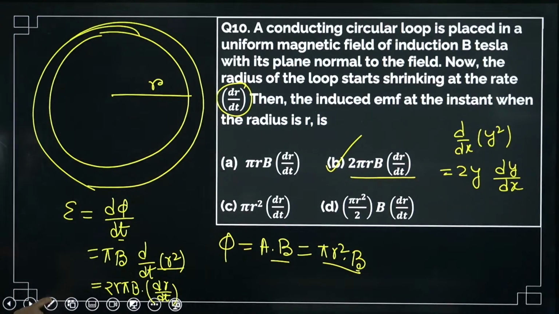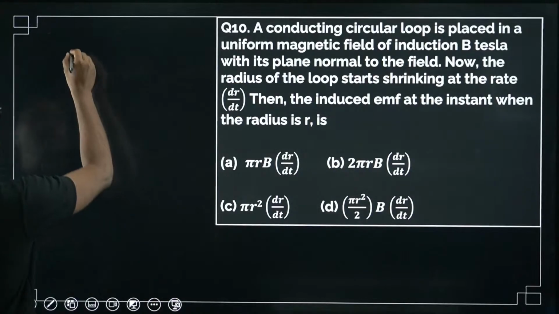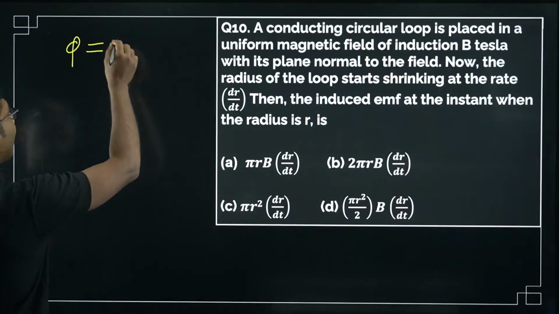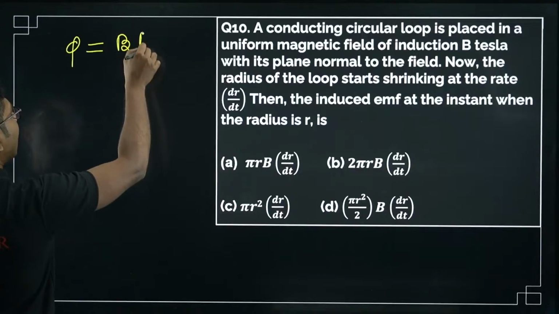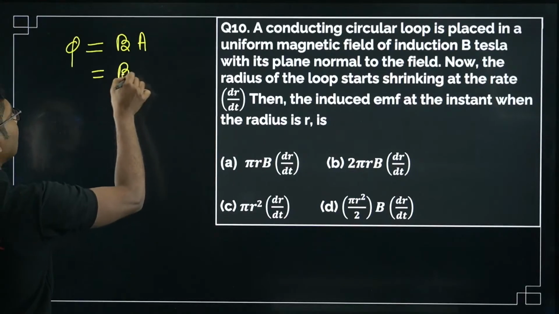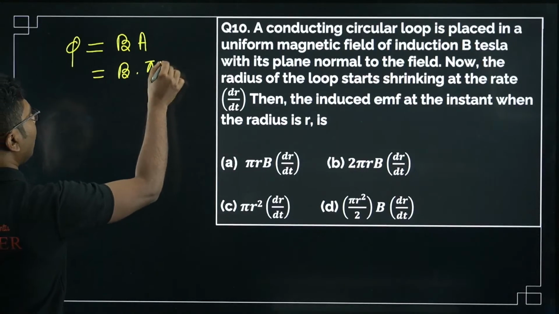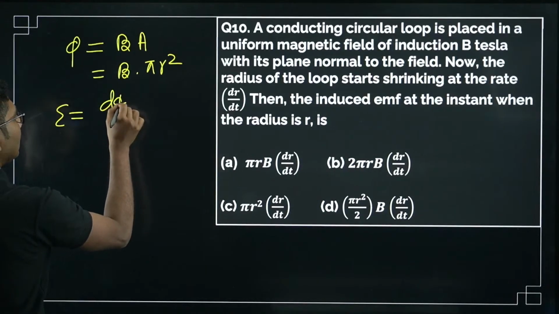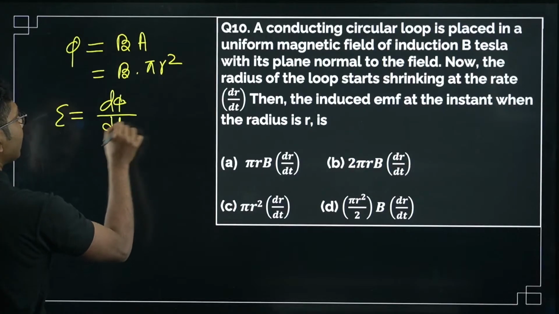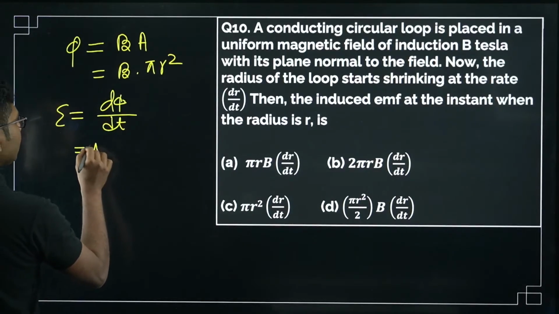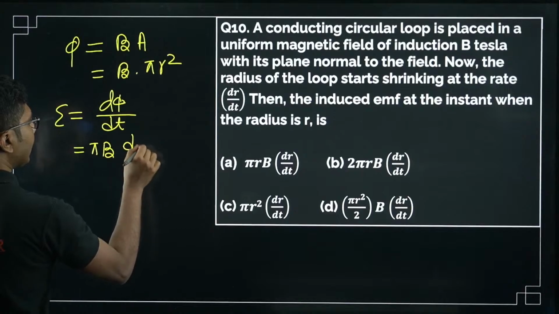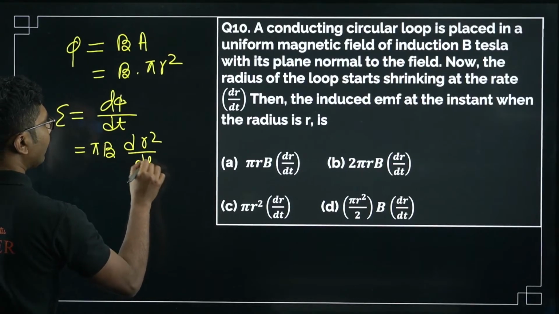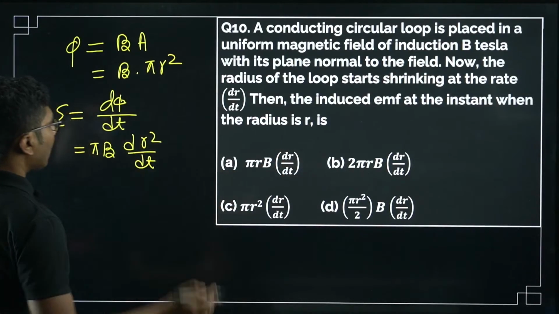So basically what you have to do, you have to write phi is basically B into A. Now area is pi r square for a circle. Now induced EMF is d phi by dt. So just differentiate it. B is constant, pi is constant, so pi B comes out. So d r square by dt is the same as d/dx of y square.